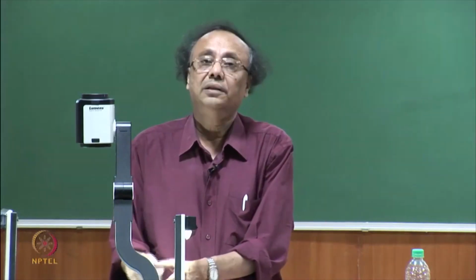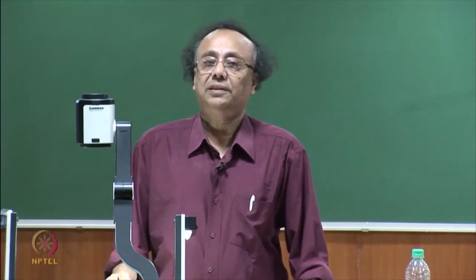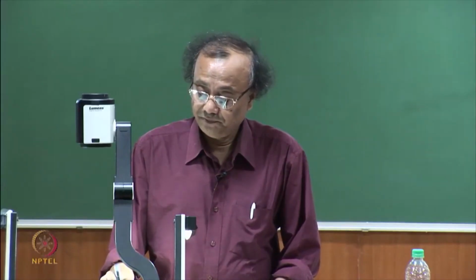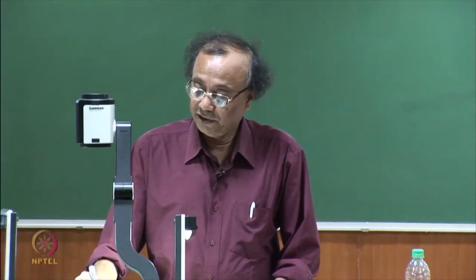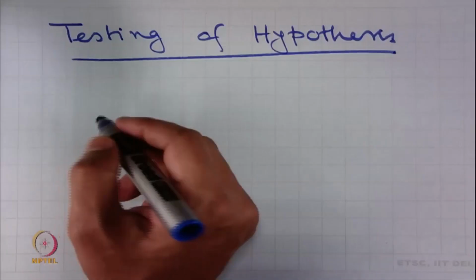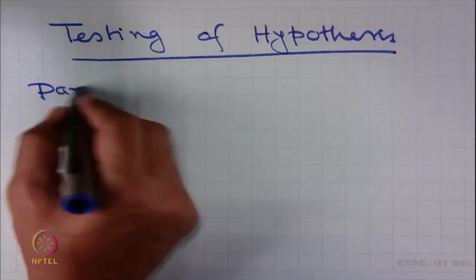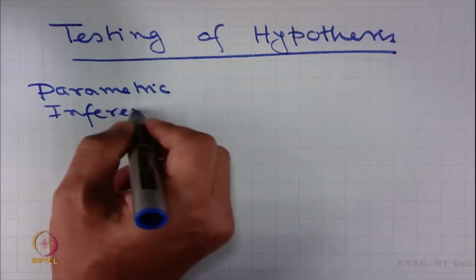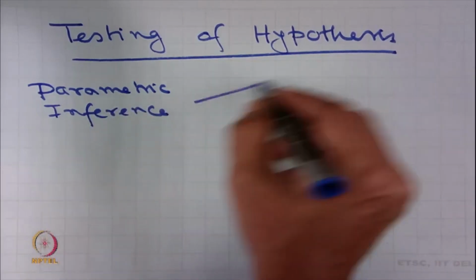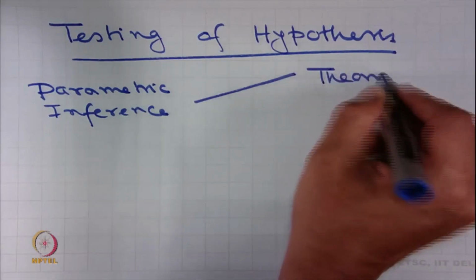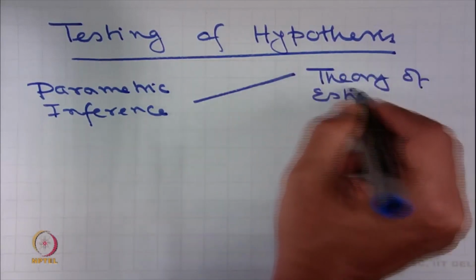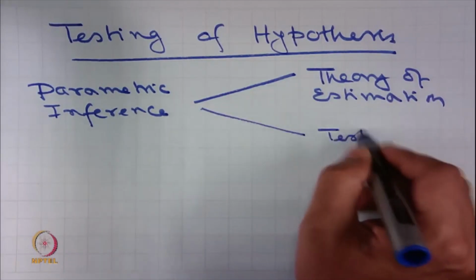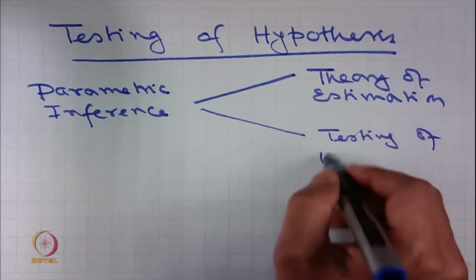As I said at the end of the last lecture, today I am going to start testing of hypothesis. At the very beginning, I said that parametric inference has two forms: theory of estimation and testing of hypothesis.